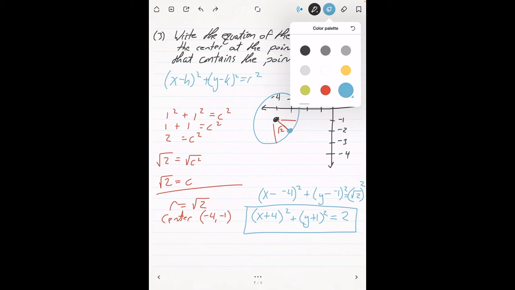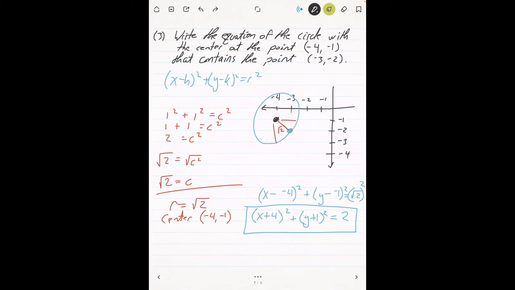So let me do this in green here. We're going to check our work. Instead of saying x plus 4, in this case, x is -3 plus 4 squared, plus y in this case is -2 plus 1, and we're going to square that, and we should get 2, okay?